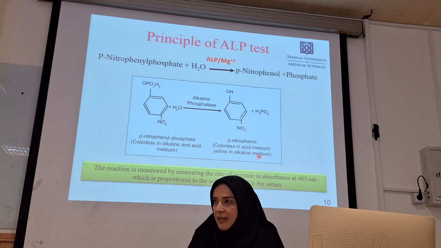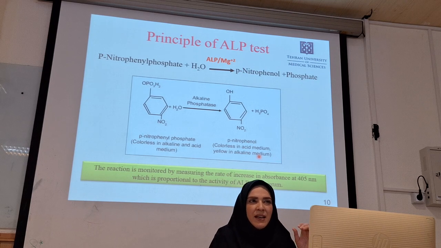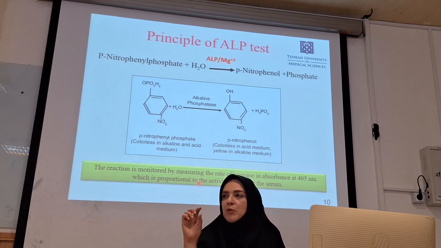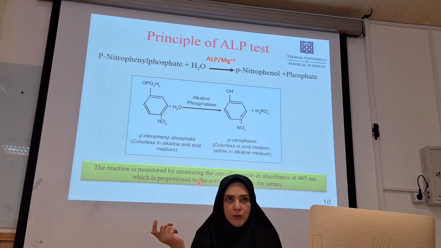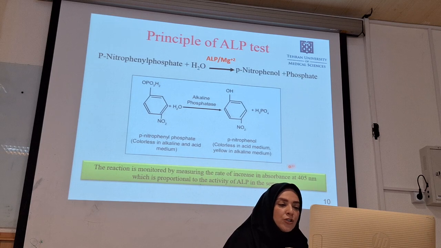In an alkaline environment, the final product would be yellow, okay? Very light yellow. So you can read the absorbance by the spectrophotometer. So the reaction is monitored by measuring the rate of increase in the absorbance. Which nanometer?